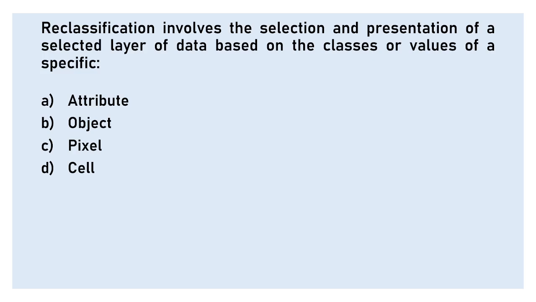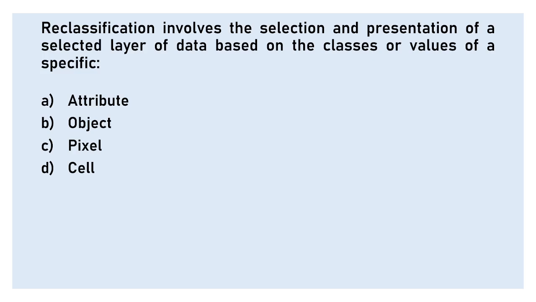Reclassification involves the selection and presentation of a selected layer of data based on the classes or values of a specific what? One thing you have to bear in mind is, for example, you have an image showing elevations ranging from 0 to let's say 1000 meters.